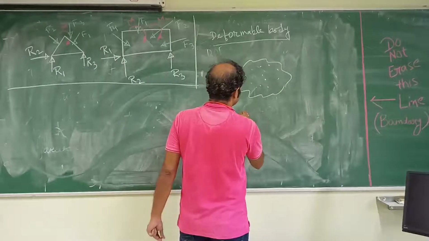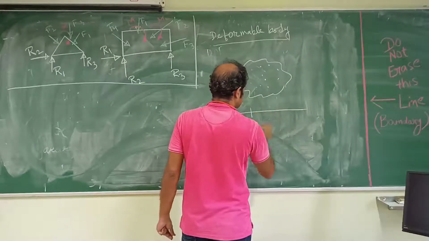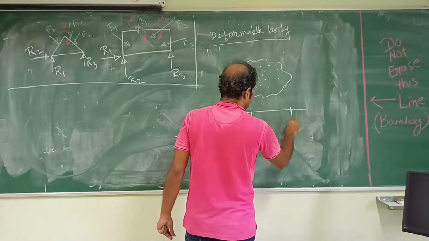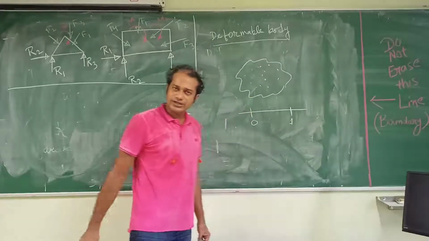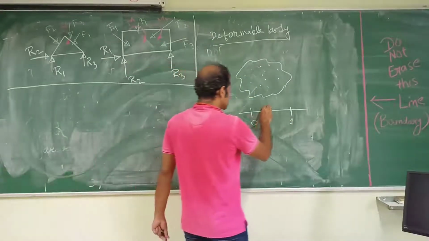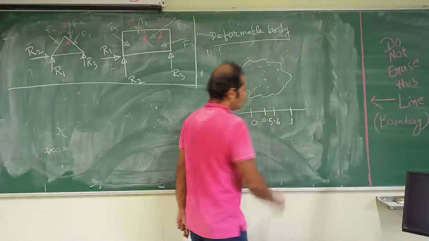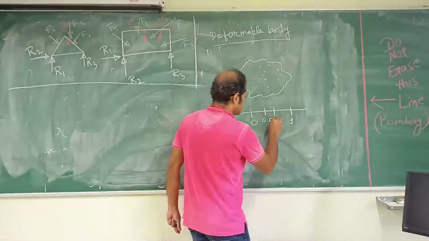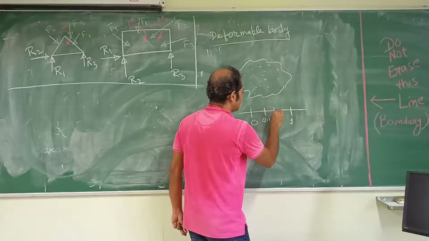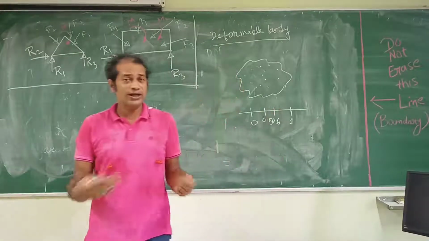Its proof is, once again, the same number system we are going to use. Let's say 0 to 1. You have an infinite set of points, but if I choose between 0.5 and 0.6, what are you going to get? Let's say this point is 0.5 and this point is 0.6. Infinitely many.